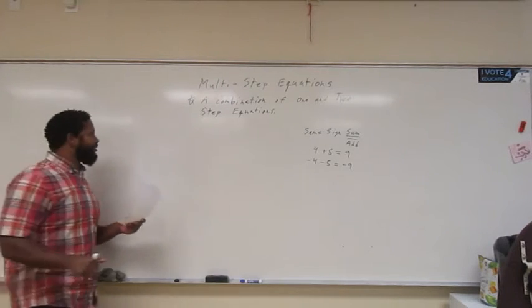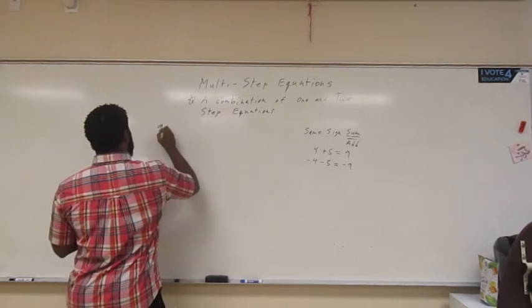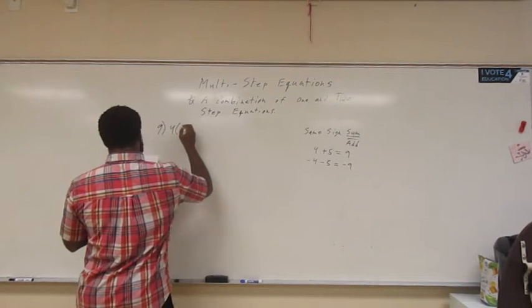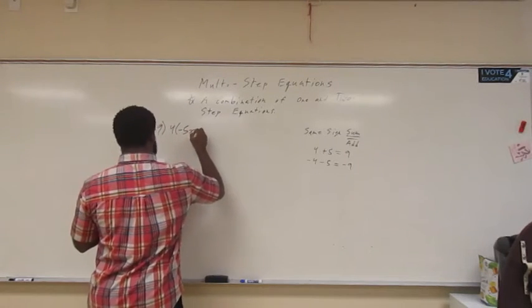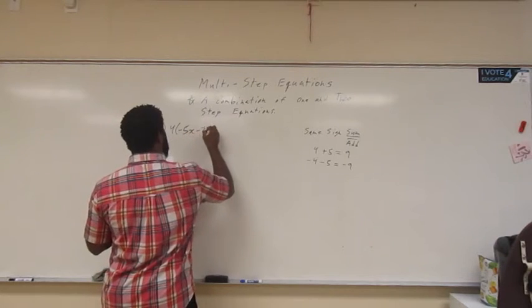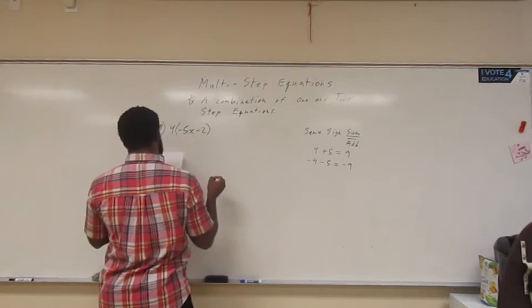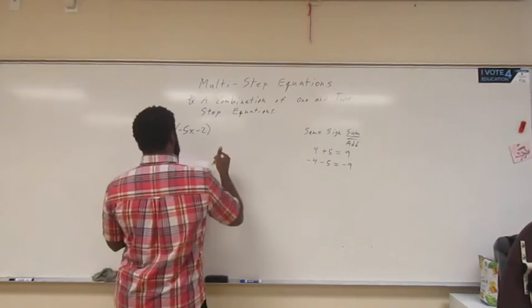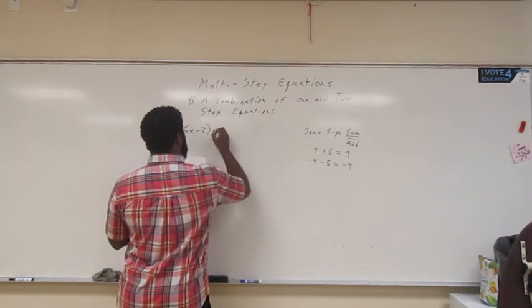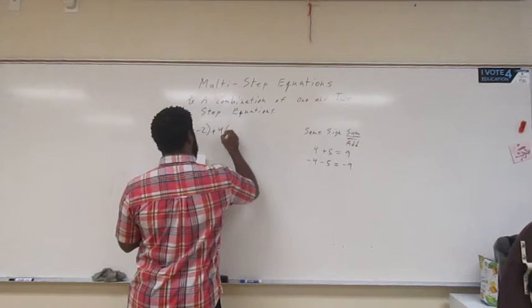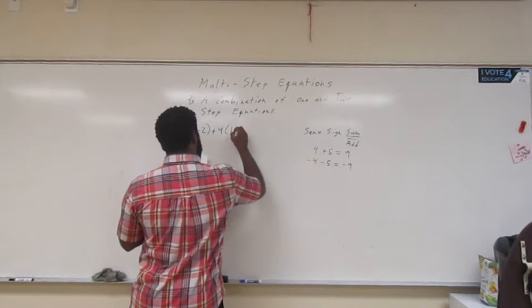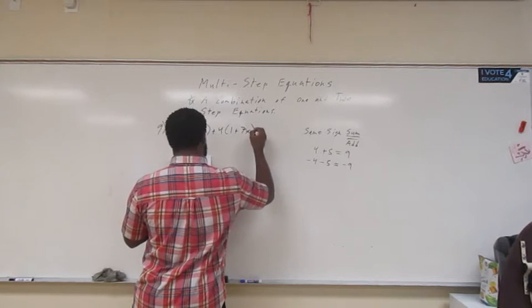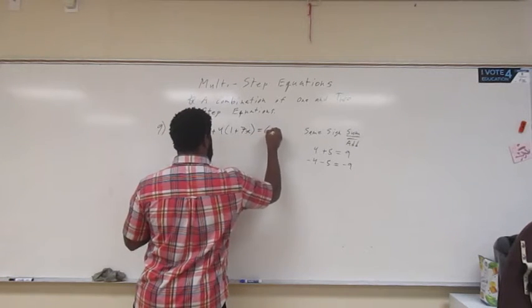So, number 9. Yeah, we can do that. Number 9: negative 5x minus 2 in parentheses, plus 4 times parentheses 1 plus 7x, equal to 60.